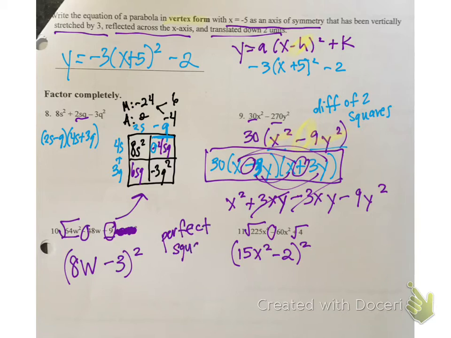How you recognize that is if the first and the last term are squares, you can take the square root of them. Then you take the sign of the middle term. If you do not recognize that they are perfect squares, you can do the box method. So I just recognized it. Sometimes you can't. It's harder to, but the box method will work. Or factoring by grouping. You're going to get the same answer.